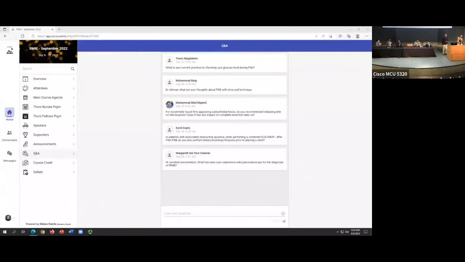So every FNA or FNB needle comes with a suction with it. So your choice is whether you use the suction or you just use the stylet as your slow pull.